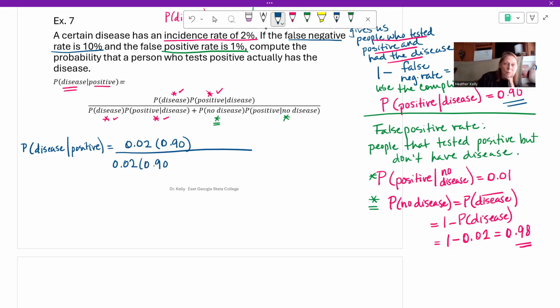So that's the numerator. Plus, now we've got the no disease times the positive and no disease. Be careful when you put this in your calculator.